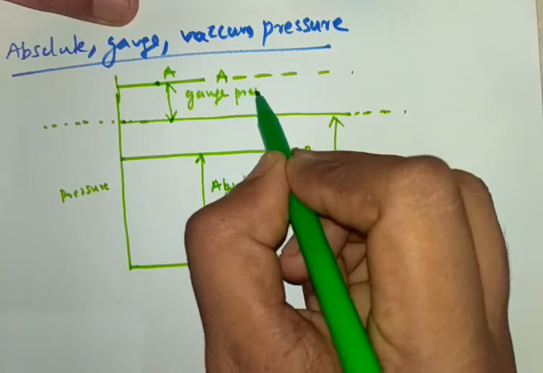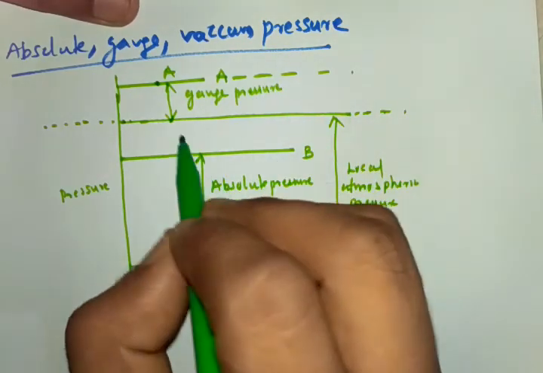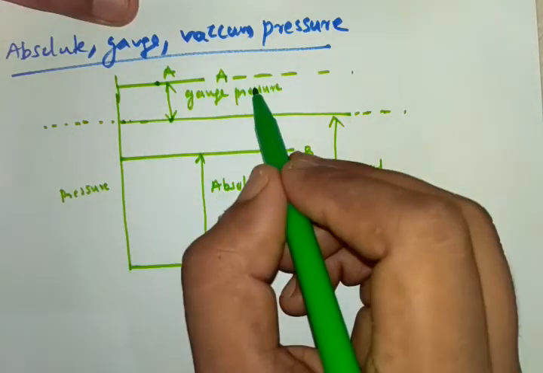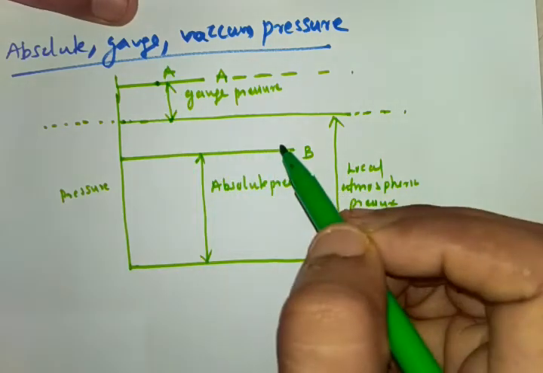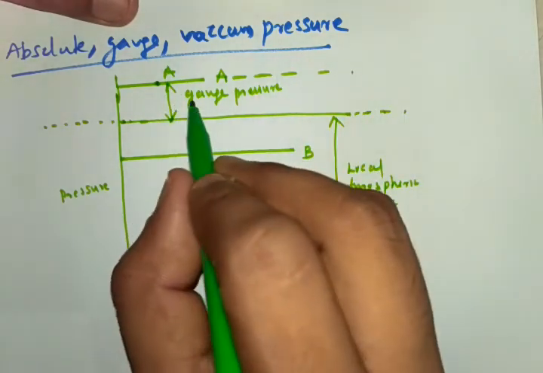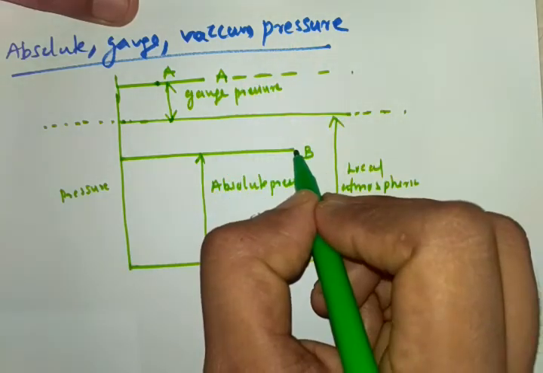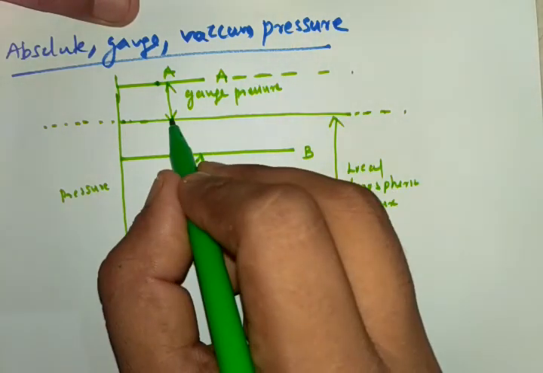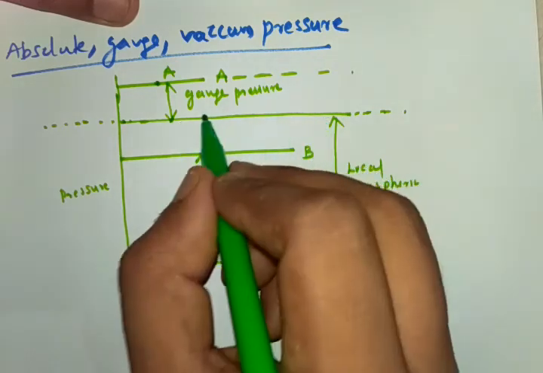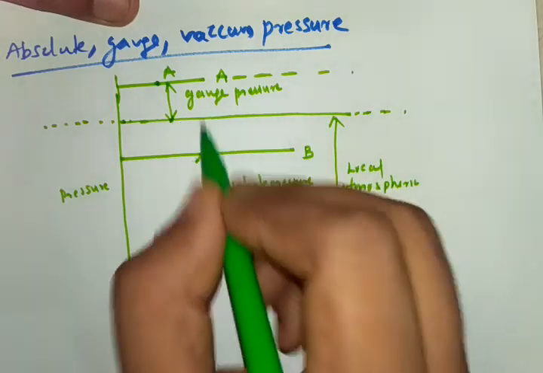Gauge pressure, with the base taken as the atmosphere, is called the gauge pressure, and if this is positive it is called the positive gauge pressure, and if it is taken at B here, at a value less than the atmospheric pressure, then it is called a vacuum.